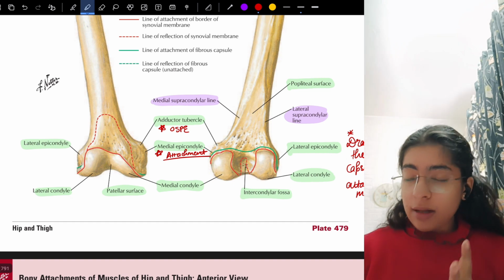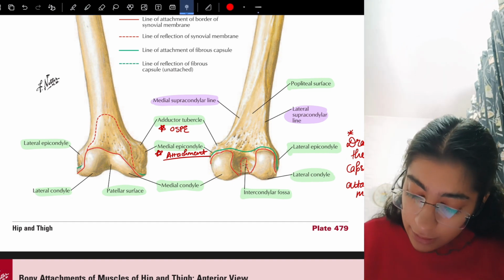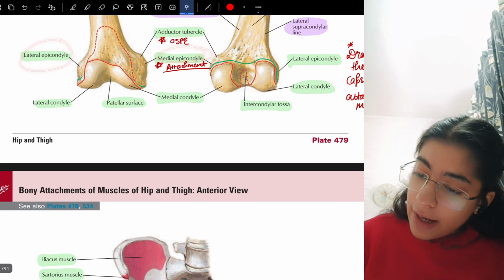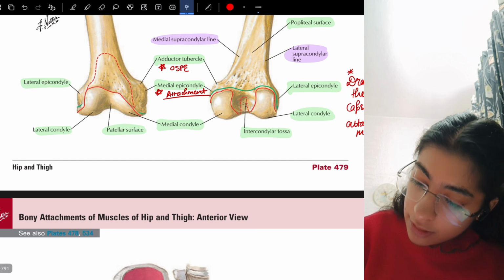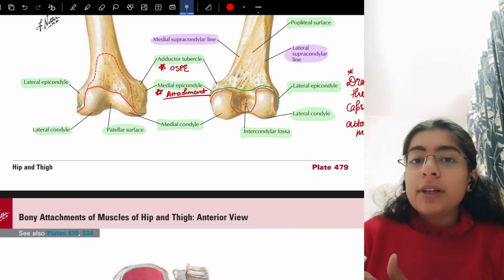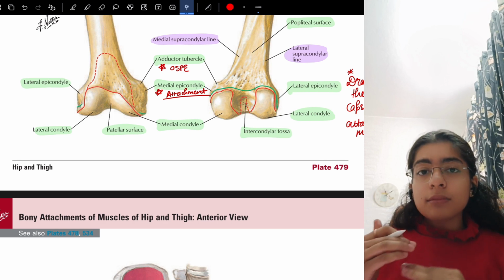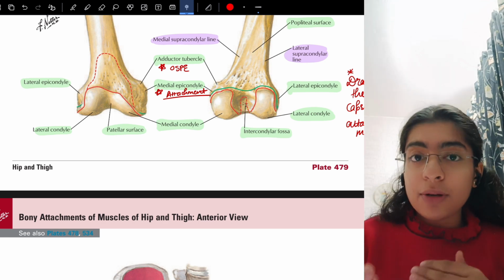Next, let's come to the lower surface of the bone. Here I have the lateral epicondyle and the medial epicondyle. Epi means above, okay, something above. So there must be some condyle upon which the epicondyle is built, okay?